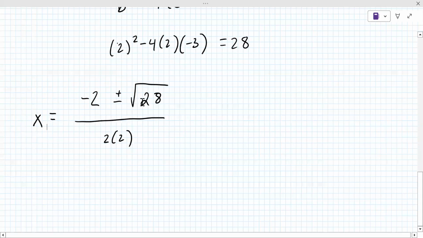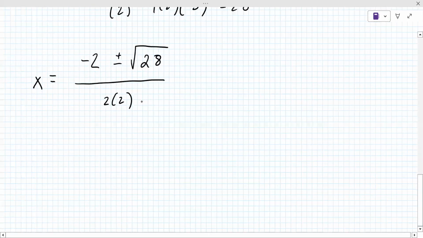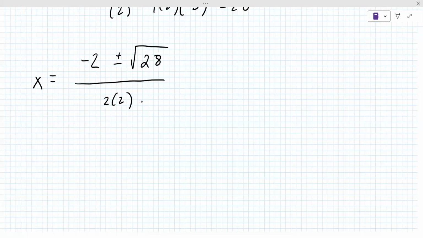It's a long ways. Now, unlike the previous problem, you can reduce the square root of 28. You have to make a prime factorization though. Do you remember that? So 2 and 14. Good.